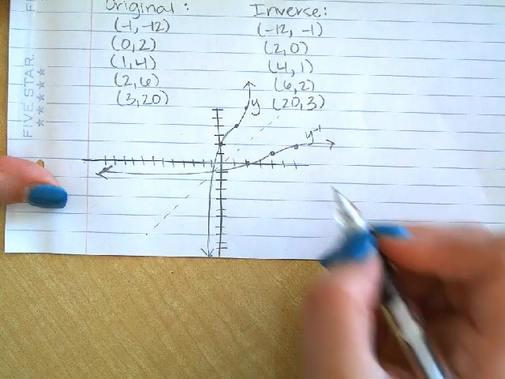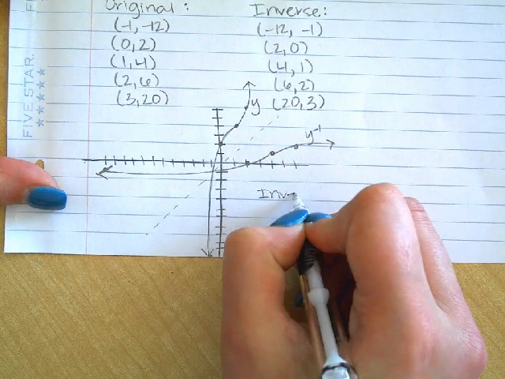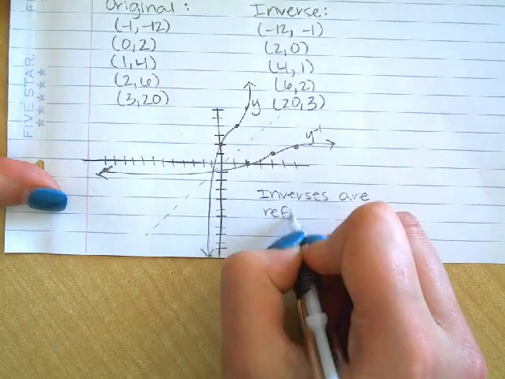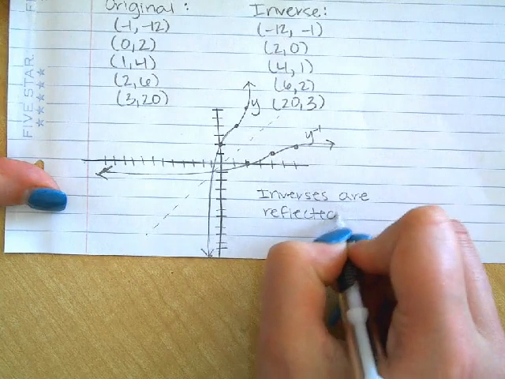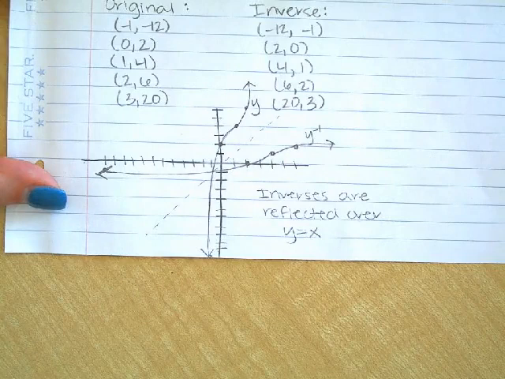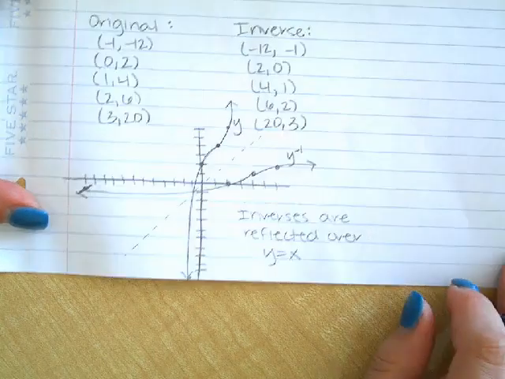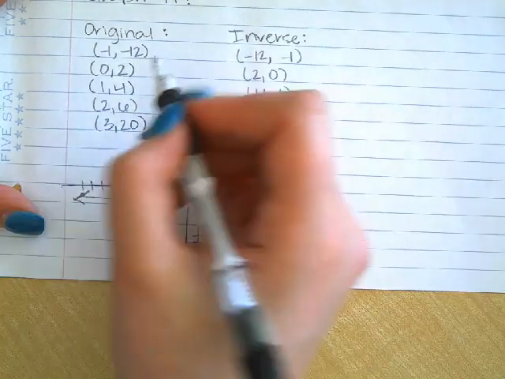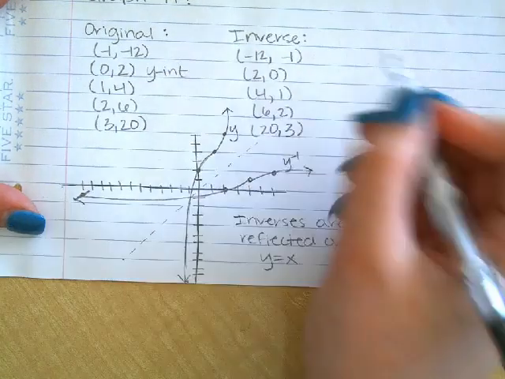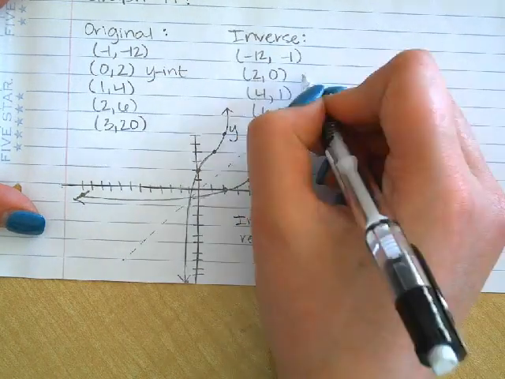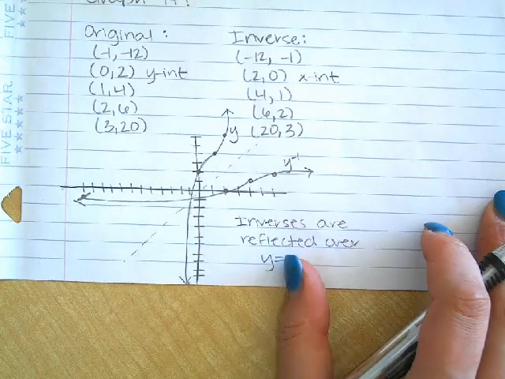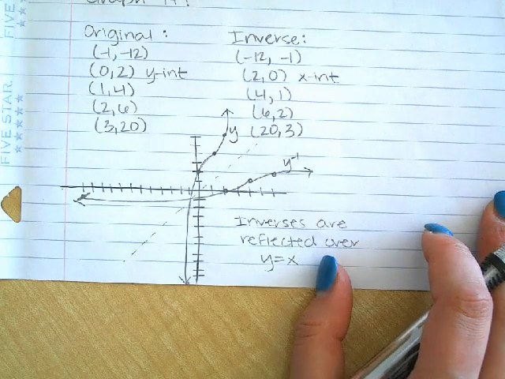So we're going to say inverses are reflected over y equals x. There's some information you can see about this graph. For the original, (0, 2) is a y-intercept, but for the inverse, the point (2, 0) is an x-intercept. So anything that crosses the y-axis on the original crosses the x-axis on the inverse.